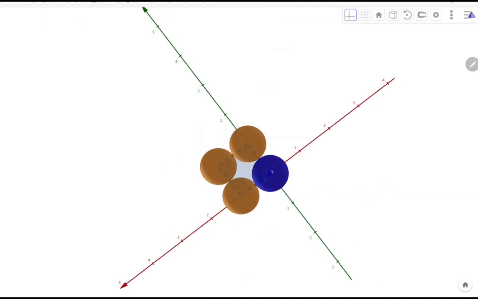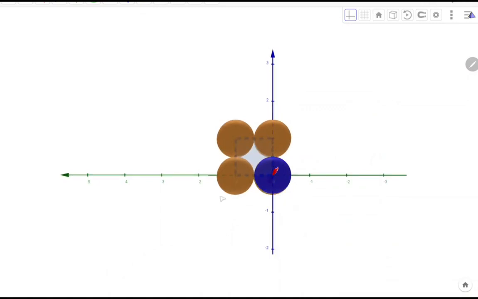Now let's find the relation between the radius and the distance a. As we can see, this atom here is in contact with this one, and this one, and this one as well.